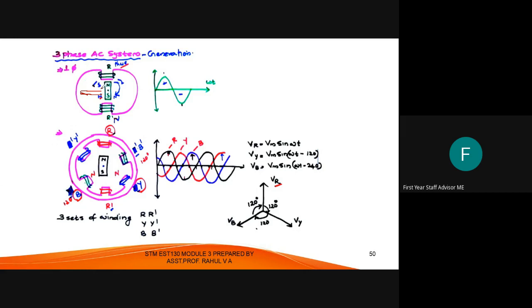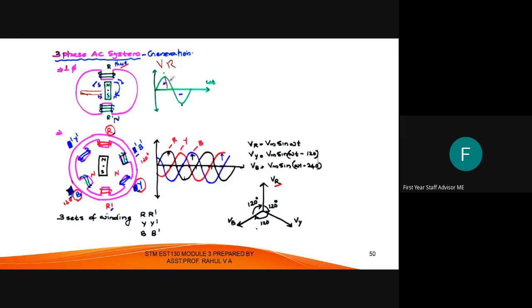Here only one winding is there, and in that winding a voltage is induced like this as it rotates. Assume that when the north pole comes closer to the R phase, the maximum EMF is induced in the circuit. As it rotates, this value changes because of the change in flux linkages.